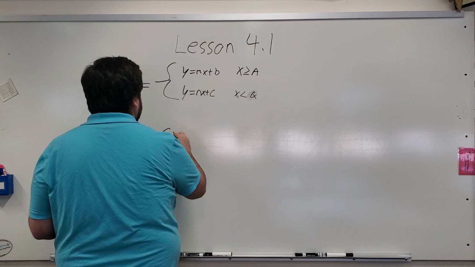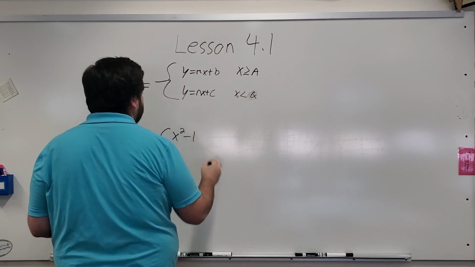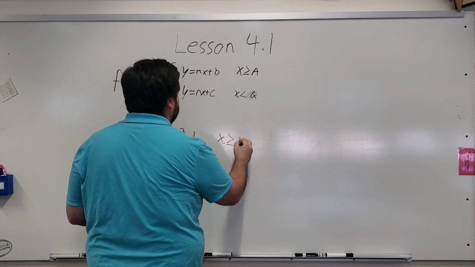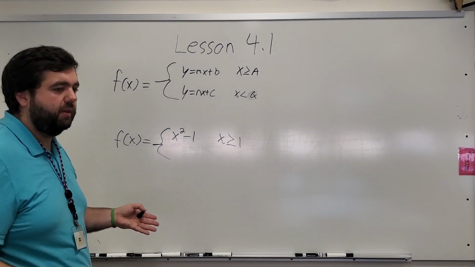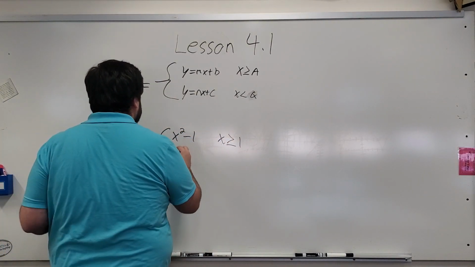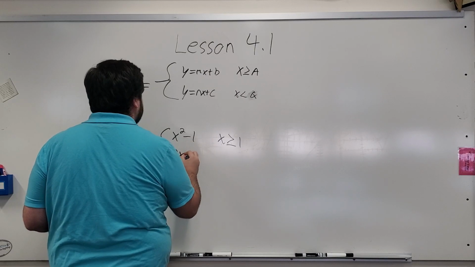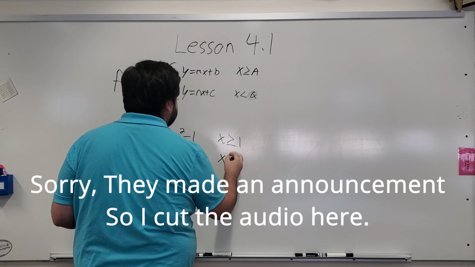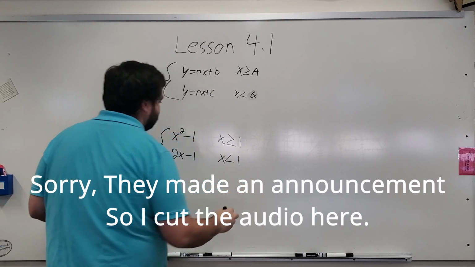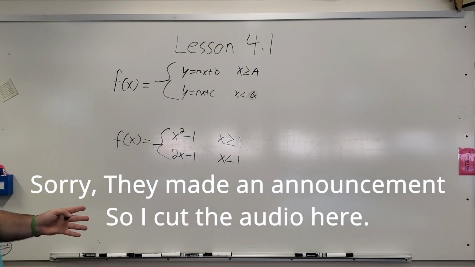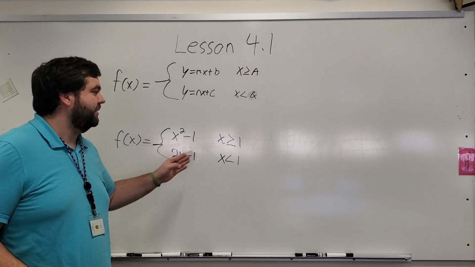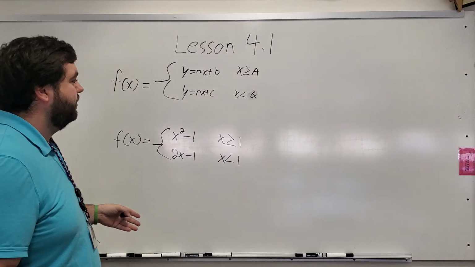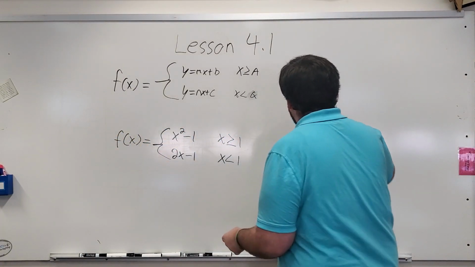I have x squared minus 1 for x greater than or equal to 1, and then I have 2x minus 1 for x less than 1, right? So then I gotta graph these.